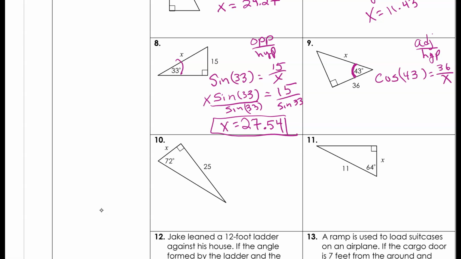I'm going to multiply x times cosine 43, and that gives me 36. Then I'm going to divide both sides by cosine 43. Whoops, let's write that a little bit neater.